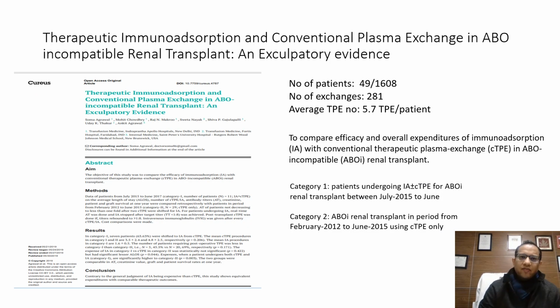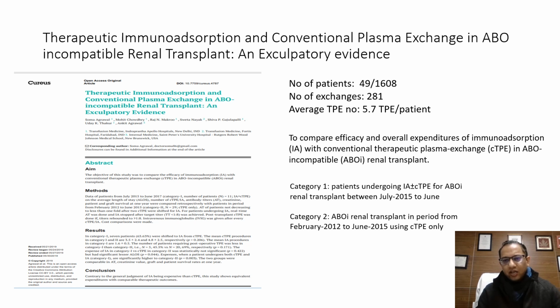Now, this is a paper that we had on therapeutic immunoadsorption and conventional plasma exchange in incompatible renal transplant. We looked at around 1,600 patients, of whom 49 were exchanged. There were 280 plasma exchanges, and the average number was 5.7.